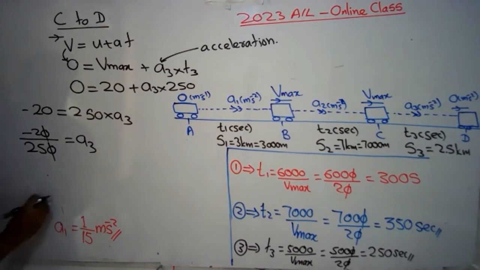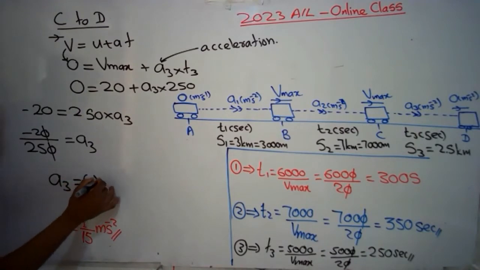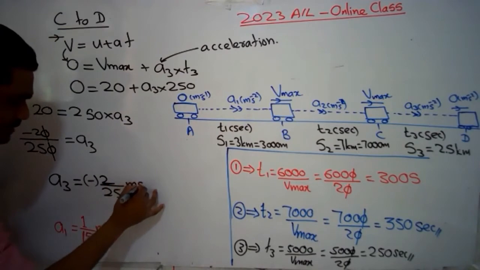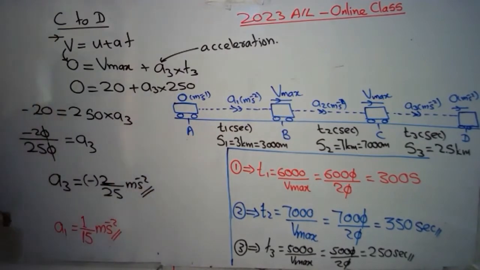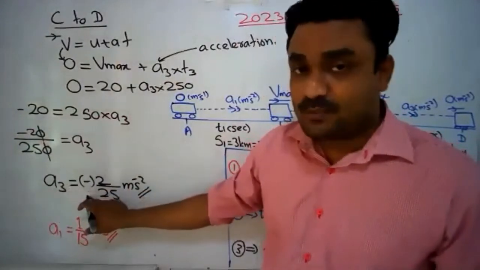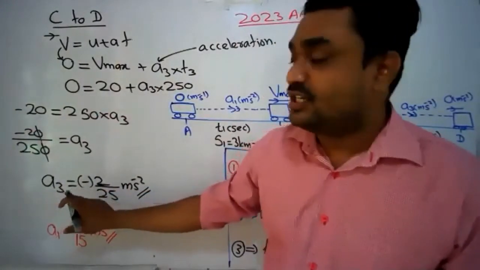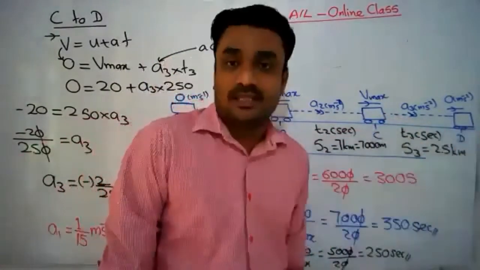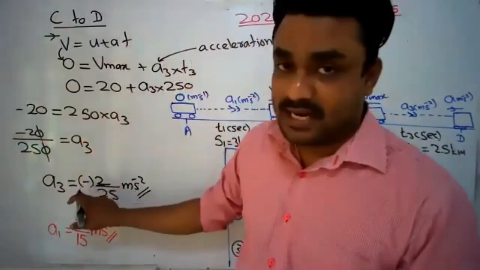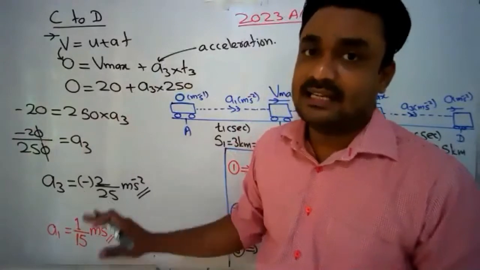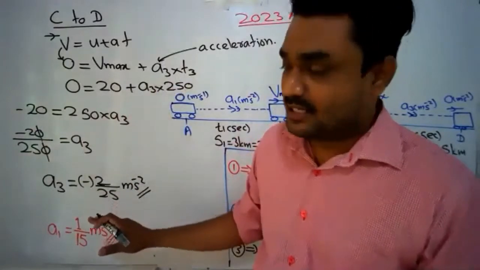Then we'll find that acceleration A3 equals minus 2 over 25. The unit is meter per square seconds. Minus means A3 is not an acceleration, it's a deceleration. It is given in the question that C to D travels with deceleration. That's why we got a minus sign. The minus sign indicates that it's a deceleration, not an acceleration.